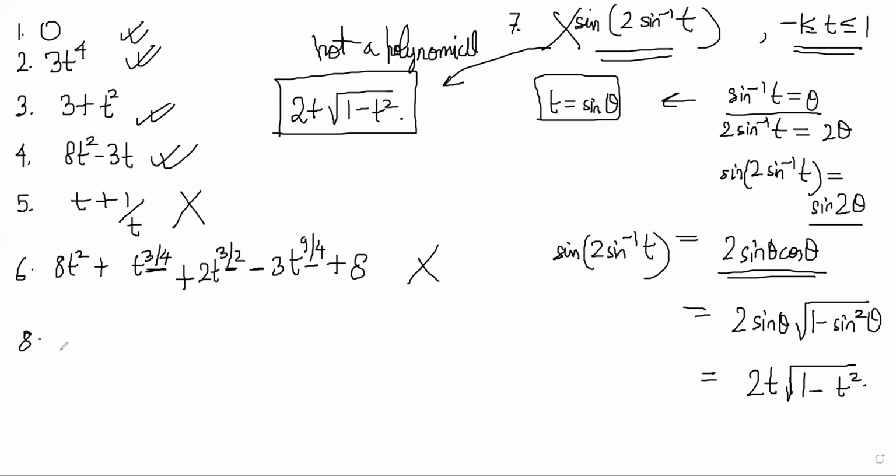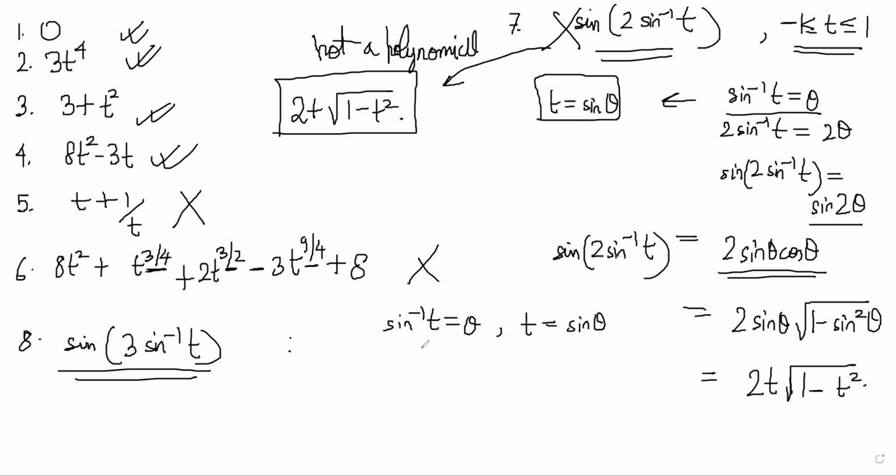So think about it: is sine of 3 sine inverse t going to be a polynomial? It's the same logic again. If sine inverse t is equal to theta, then t is equal to sine theta, and 3 sine inverse t is 3 theta. So sine of 3 sine inverse t will be equal to sine 3 theta.